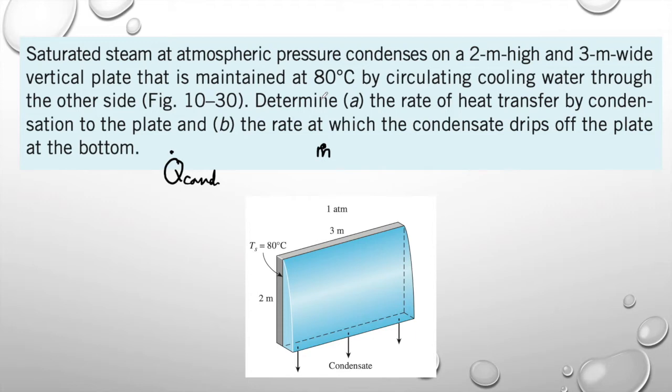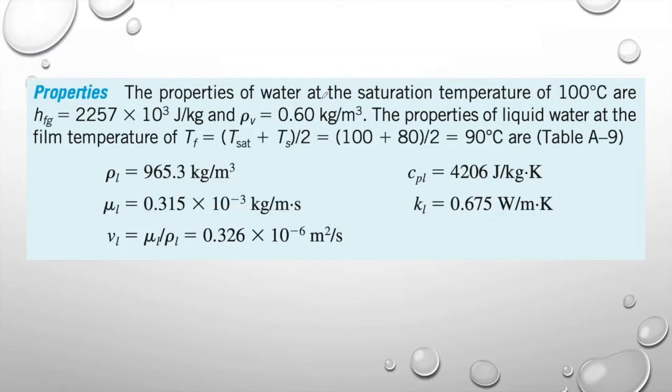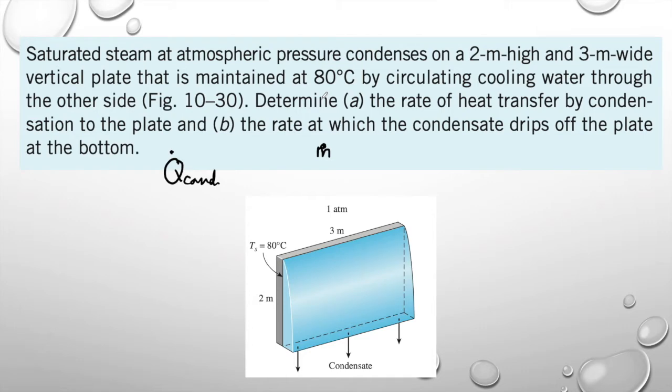So we know that for water at 1 atm, the T saturation is 100 degrees Celsius. I believe that all of you understand about the saturation temperature, since it has already been introduced to you in thermodynamics.